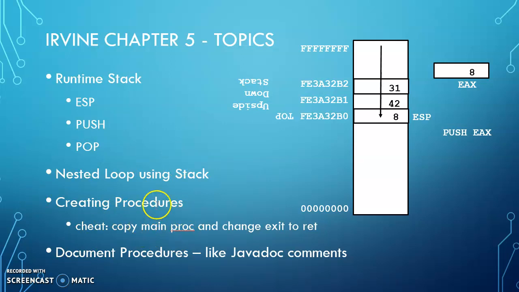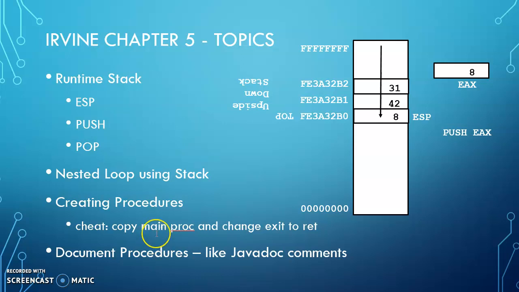Although we're going to focus on creating procedures in chapter 8, we'll see the process. The cheat is, remember the template? In the .code section, there's main proc, and at the very end there's main endp, and before the main endp there's exit.